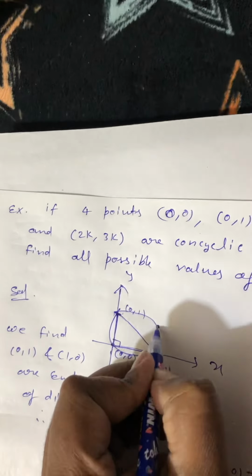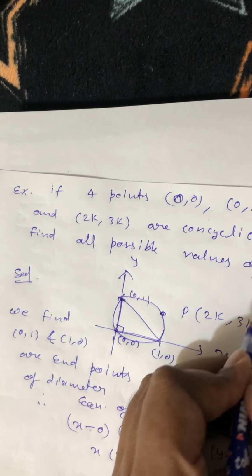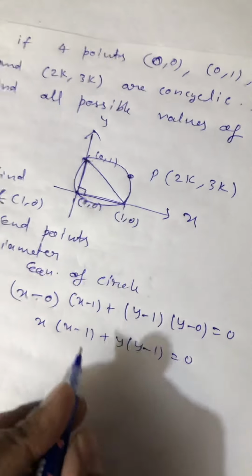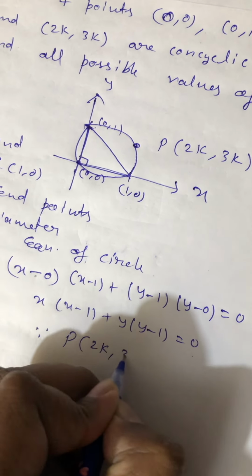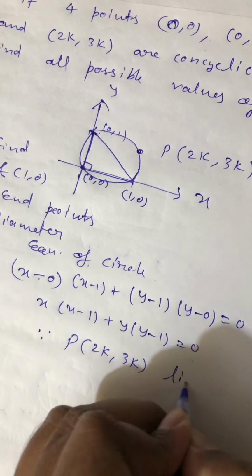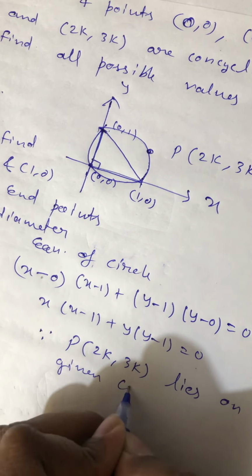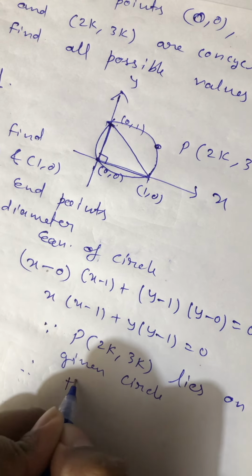And we are also given another point. Suppose P is (2k, 3k), which also lies on this circle. So that point will also satisfy this circle equation.